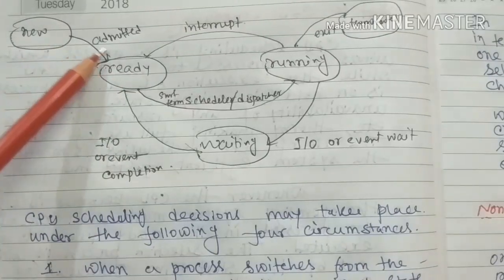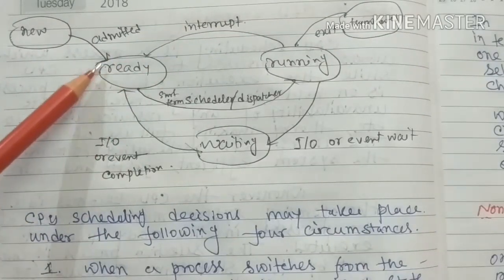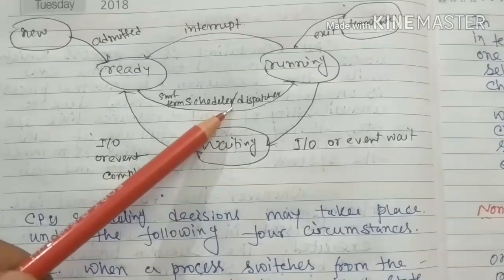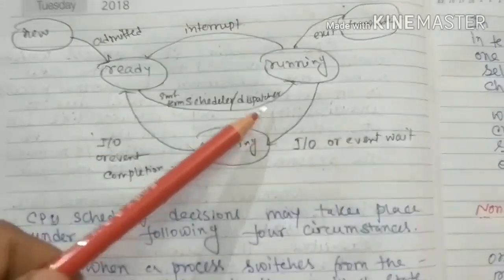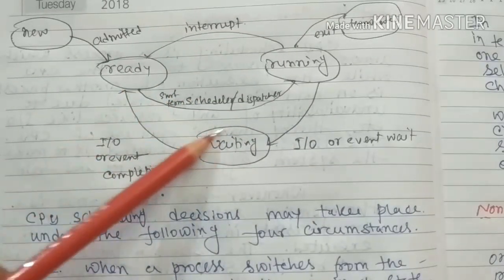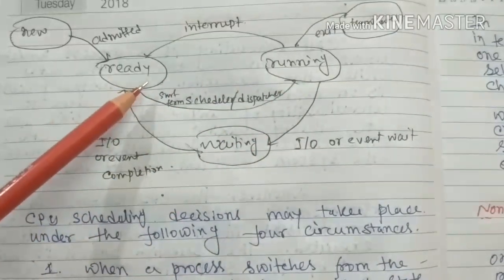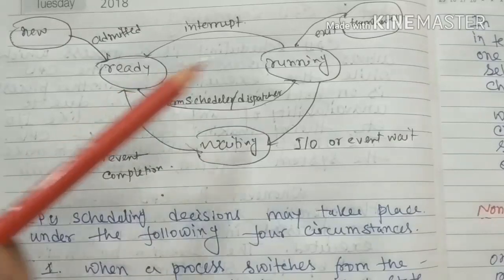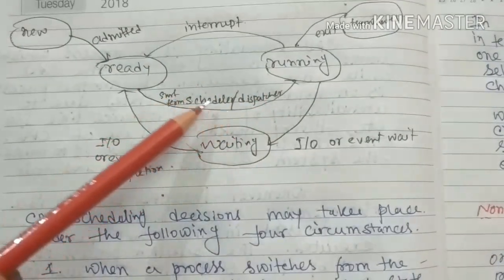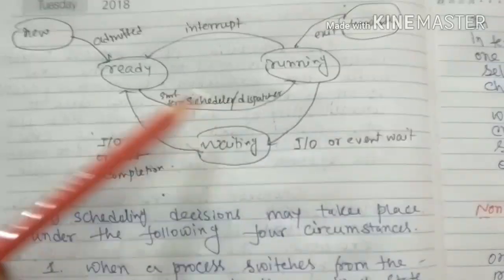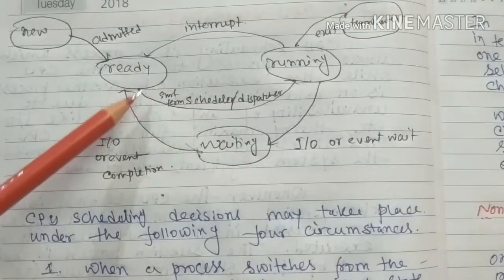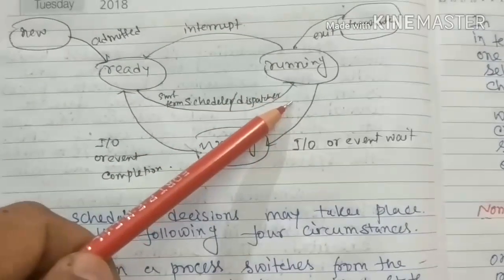Now the short-term scheduler or dispatcher switches the process from ready state to running state. Without the short-term scheduler dispatcher, a process cannot move from ready state to running state.